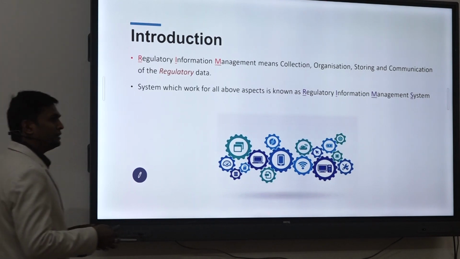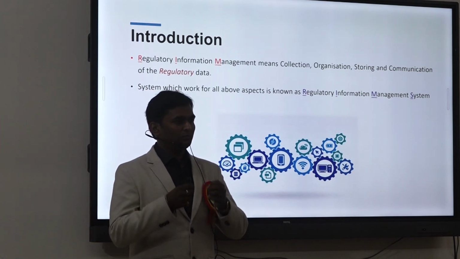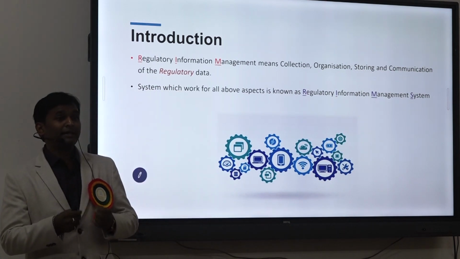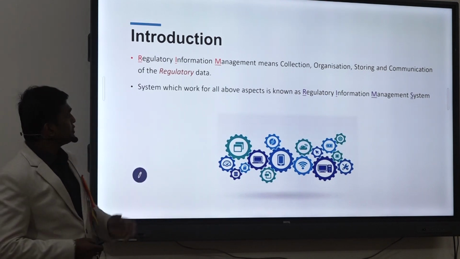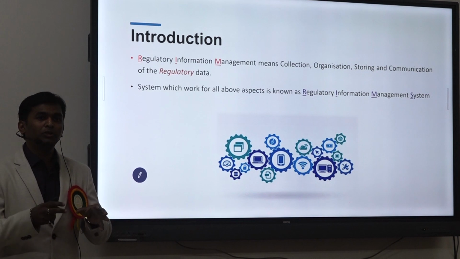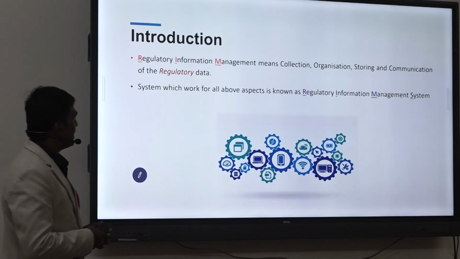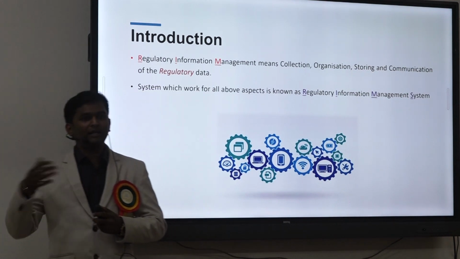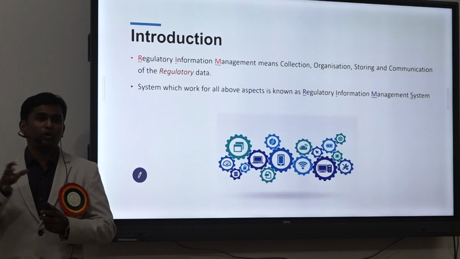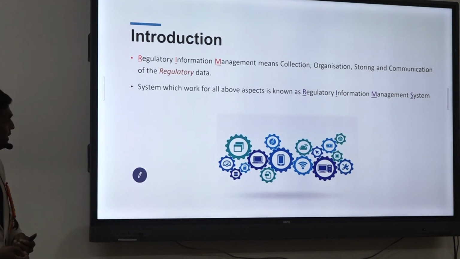But there was an instance where if you want to get some information in one go, there regulatory information management came into the picture. So collection of data into one system is the primary function of regulatory information management. Then organization, not only collection, after collecting the data you should have that in an organized form. So that is part of the regulatory information management team.